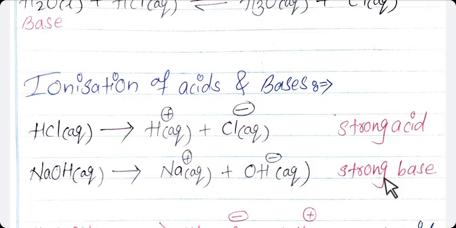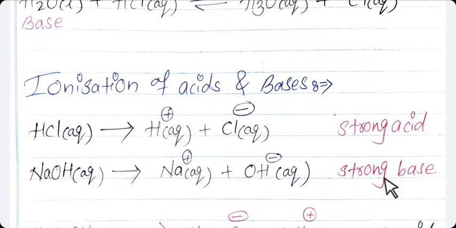Only the difference is strong and weak acid. So strong acid gives more H plus ions in its aqueous solution, and weak acid gives less number of H plus ions in its aqueous solution. Means strong acid almost completely dissociated in water and weak acid partially dissociated in water.